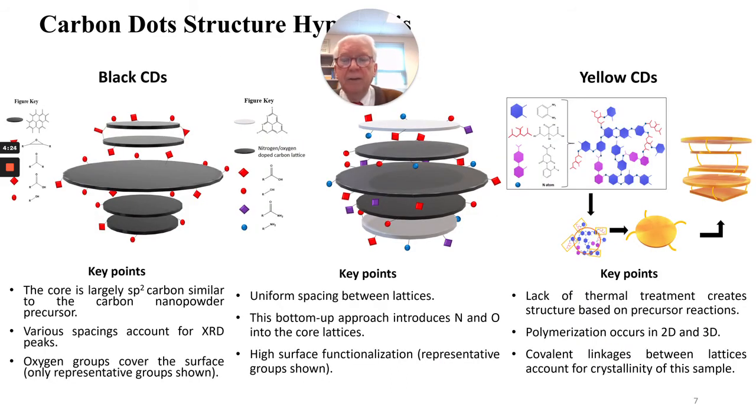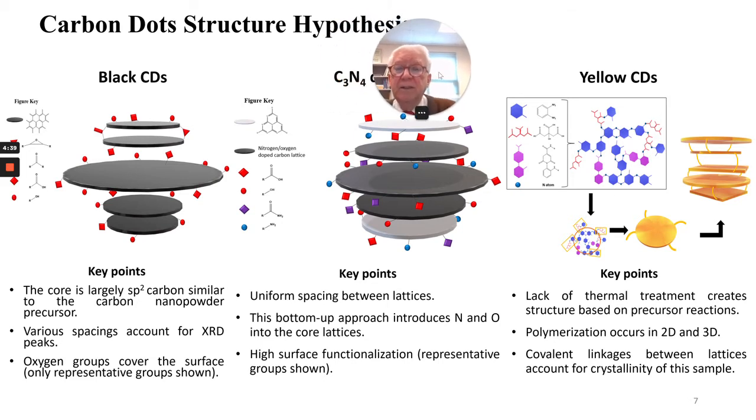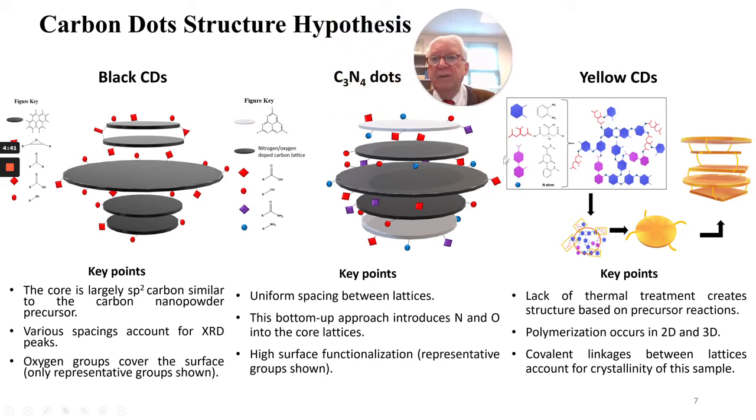So if we now look at the structure of the carbon dots, what concerns me at least is to see what is really the core, the central part of the carbon dots. In our group, we have prepared three types of carbon dots: black carbon dots, carbon nitride dots, and yellow carbon dots.